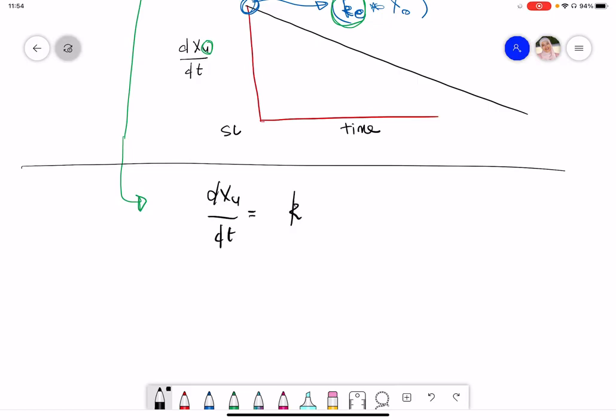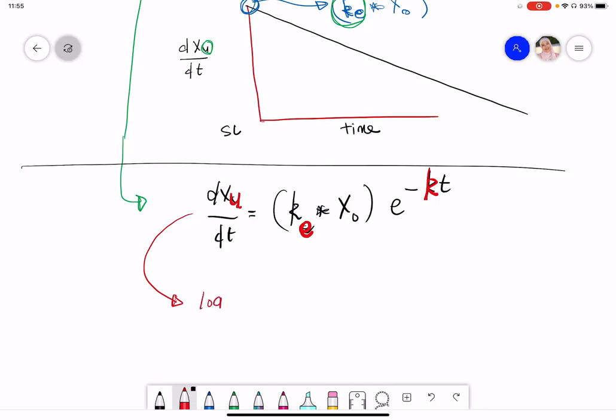Again, don't forget, this is the total elimination rate constant, and this is the excretion rate. So please keep this in mind. If we want to transform the rate of excretion to log term, this would be log.